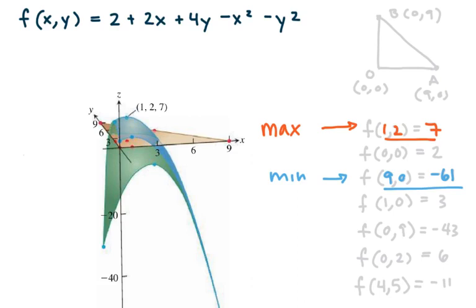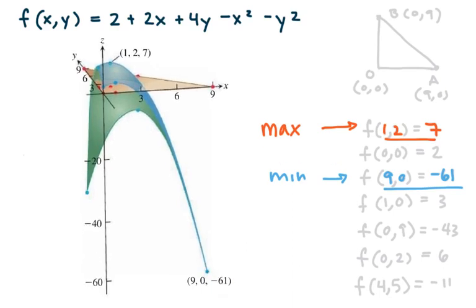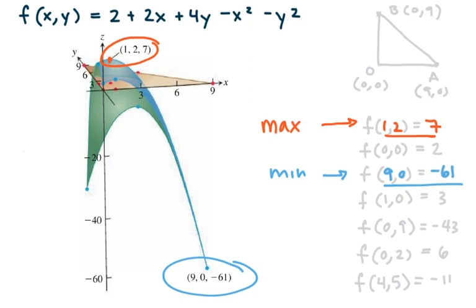So even though this surface extends outside the region, we constrained it, or bounded the region, by using this triangular shape. And in this case, it's probably a little easier for you to see that maximum and that very low minimum value on the corner.